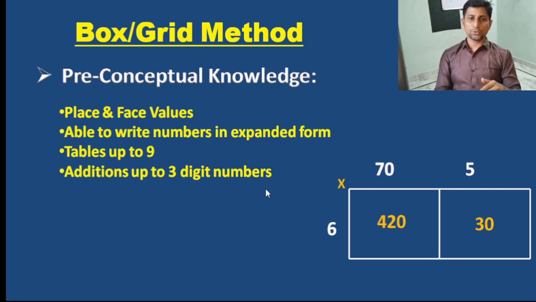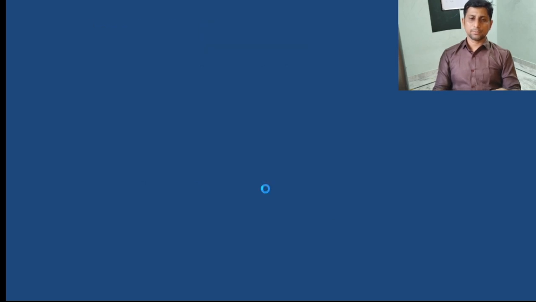Students should be able to write numbers in expanded form, and should know tables up to 9 and additions of 3-digit numbers. If a child has this kind of pre-conceptual knowledge, then the student can do multiplication using the box or grid method. So thanks to those who commented and answered in the previous video.